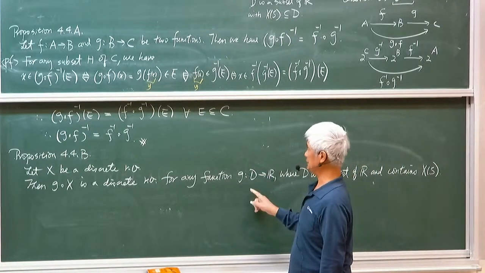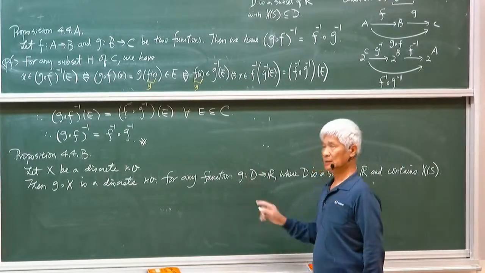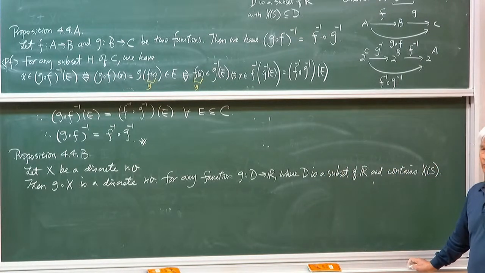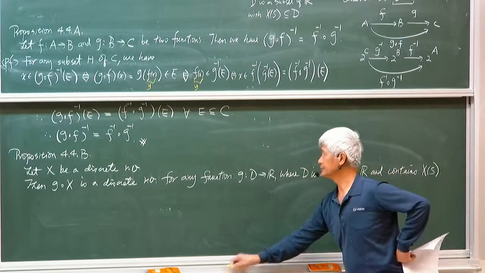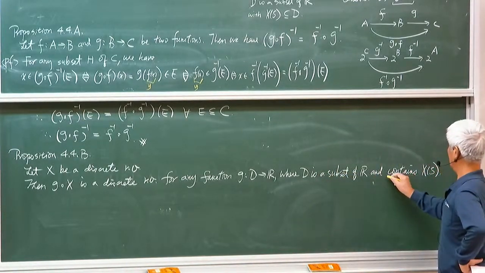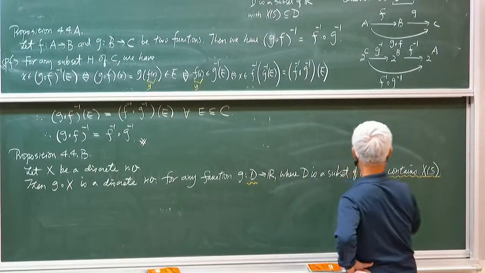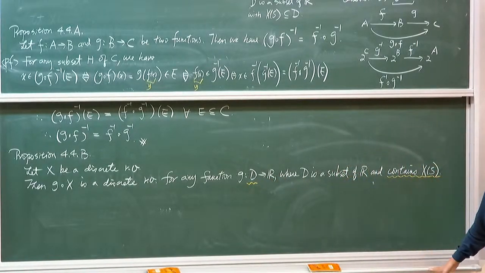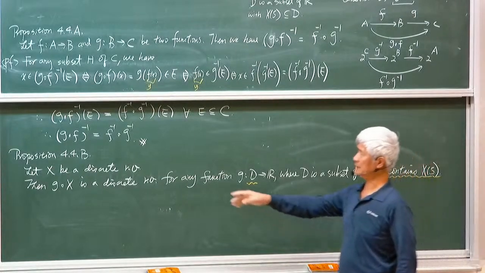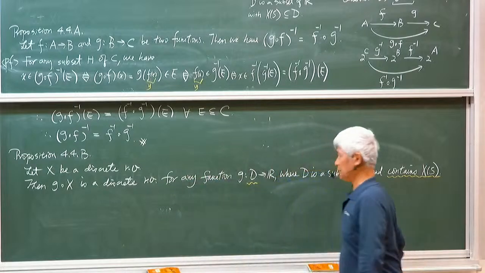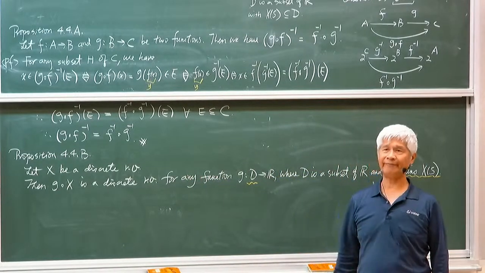The only requirement is that the domain of g contains the range of the discrete random variable X. So indeed, this D contains all possible values of the discrete random variable X. The restriction is very mild.